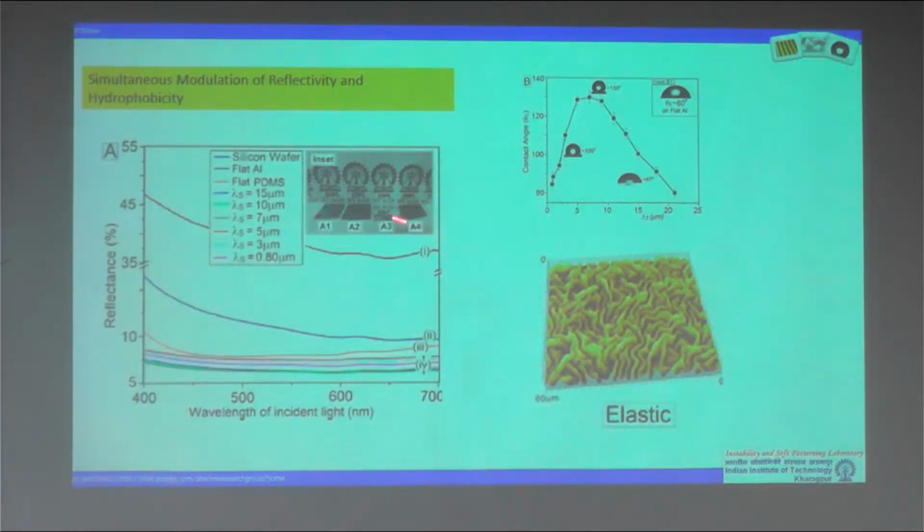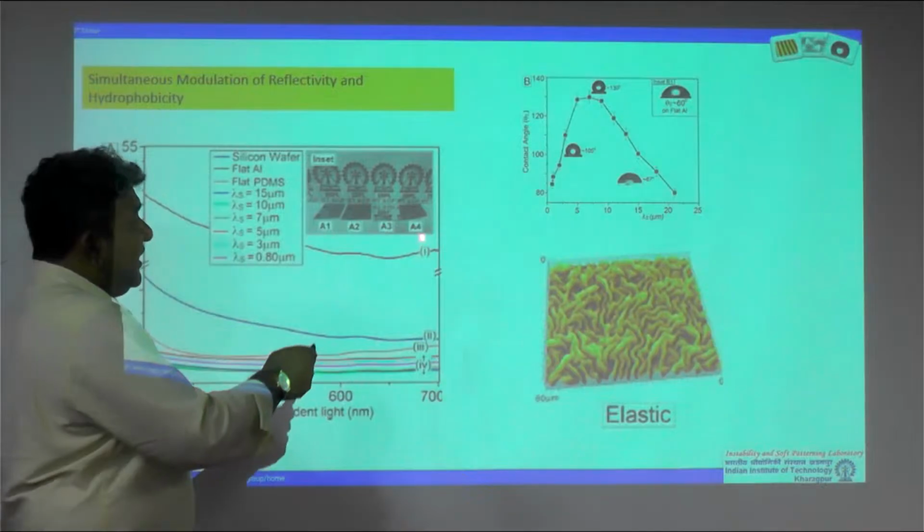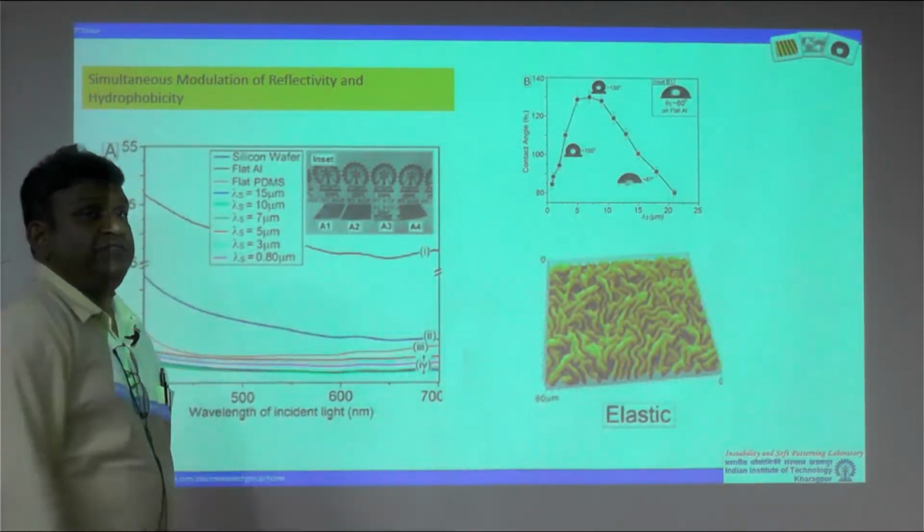But more importantly, here are some physical samples. In certain cases, the patterns were created over a silicon wafer, which is very shining. So you can see the reflection of this logo over here, right? But for this sample, you see no reflection at all.